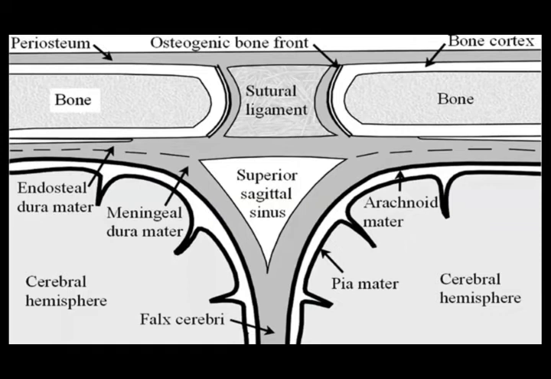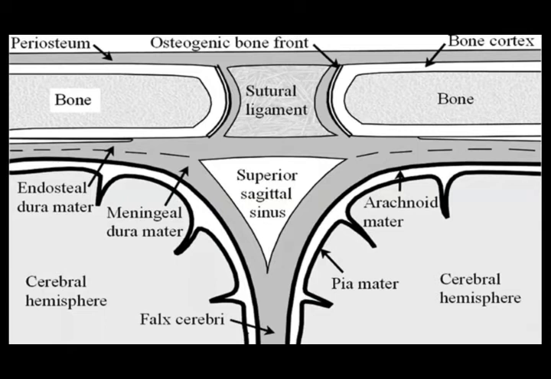In this chapter I will just give you a general idea of the intramembranous and endochondral ossification. So this is a general idea of the membranous ossification that occurs in your cranial vault region.